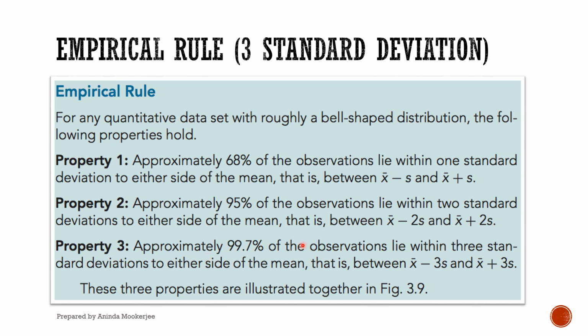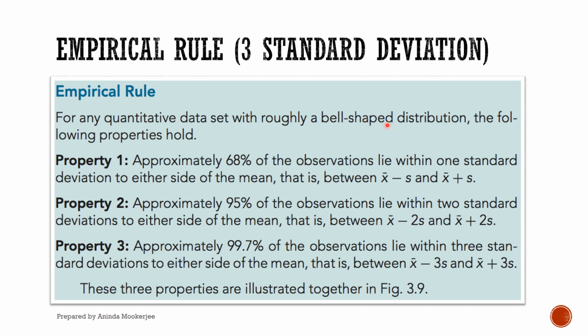The three standard deviation rule is also called the empirical rule. And here we just state what we discussed just now on the three standard deviation rule. So let's read through it. For any quantitative data set, again, it has to be a quantitative data set with a roughly bell-shaped distribution.